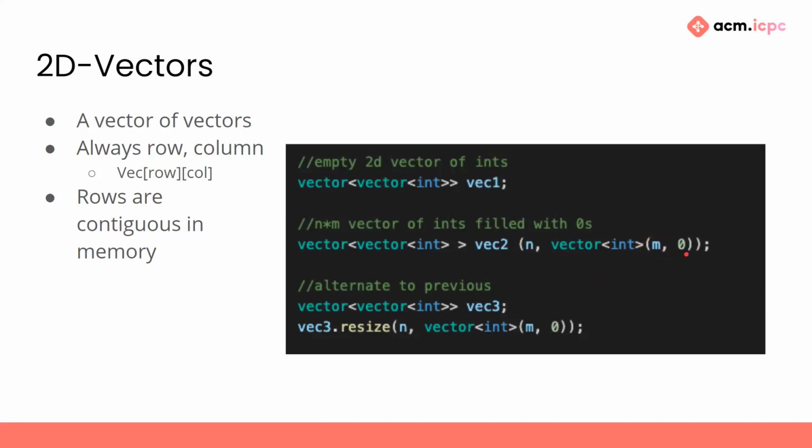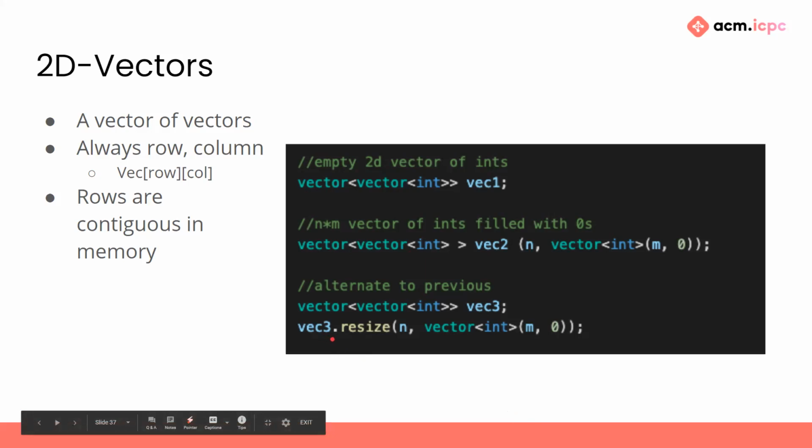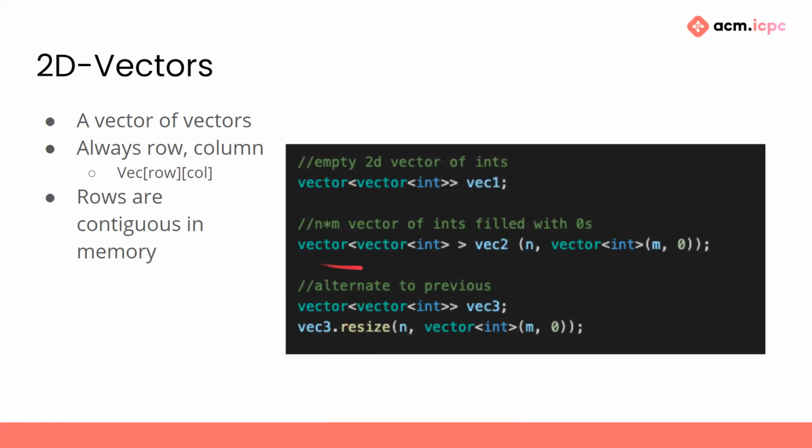And then we make each element 0. So this would give us an n by m vector filled with zeros. And the following one is basically doing the same thing, except it uses a function called resize. For most of the times, I think just the top 2 usages would be enough.